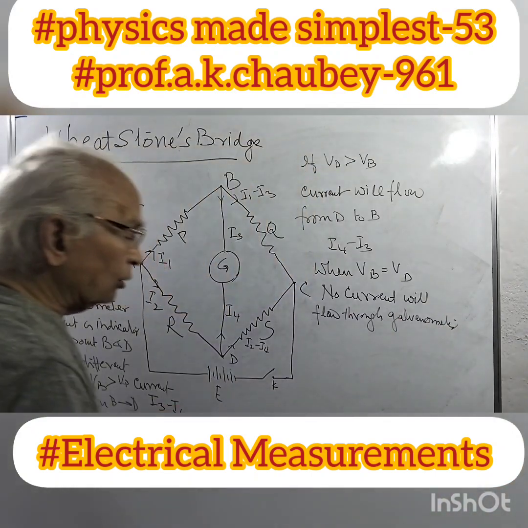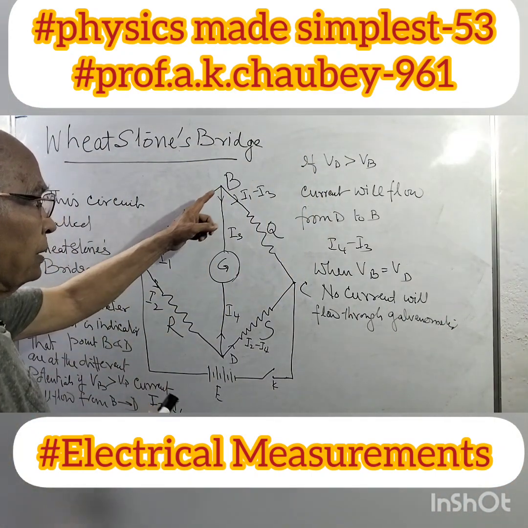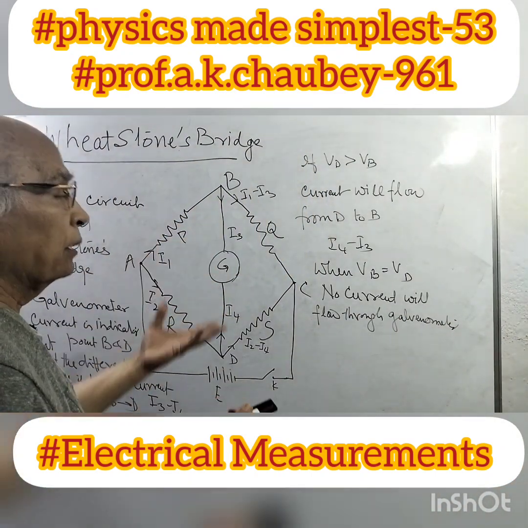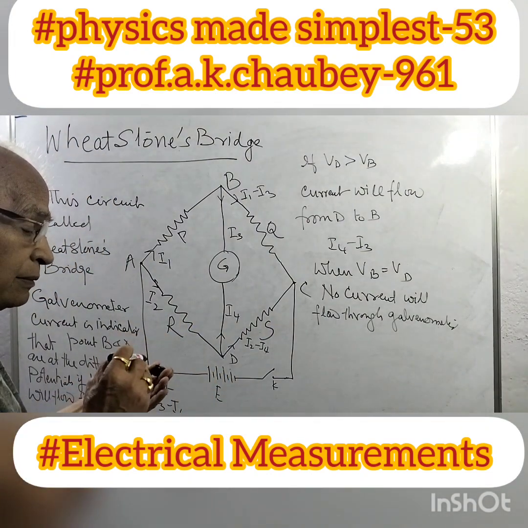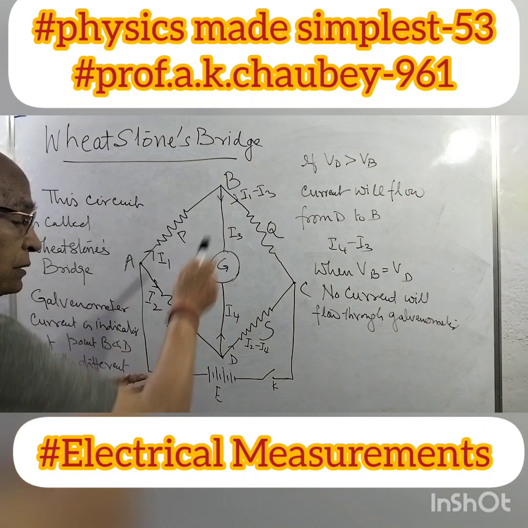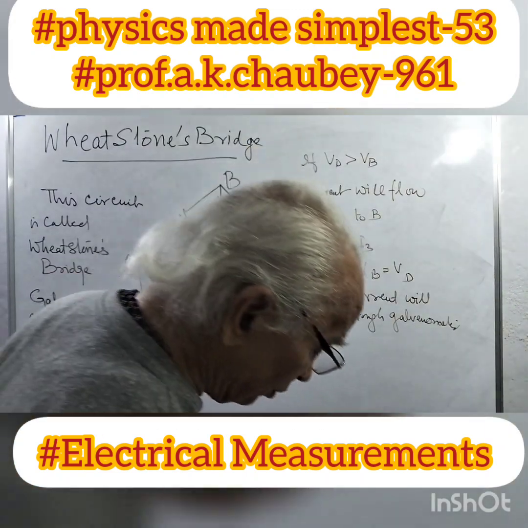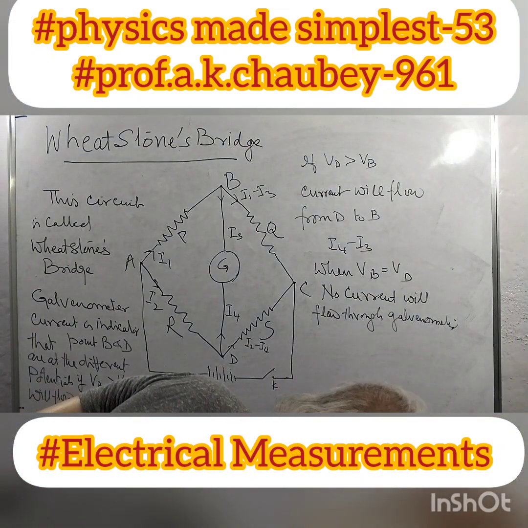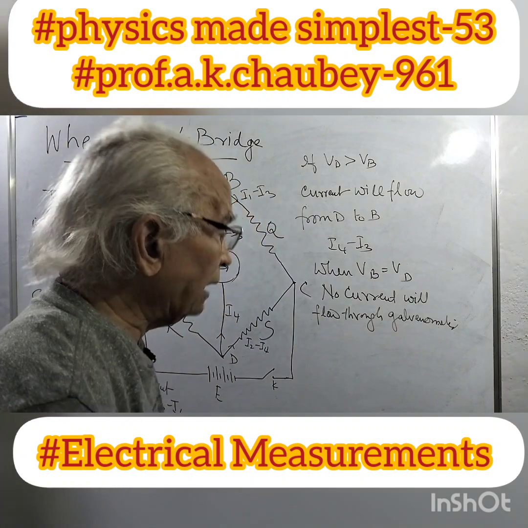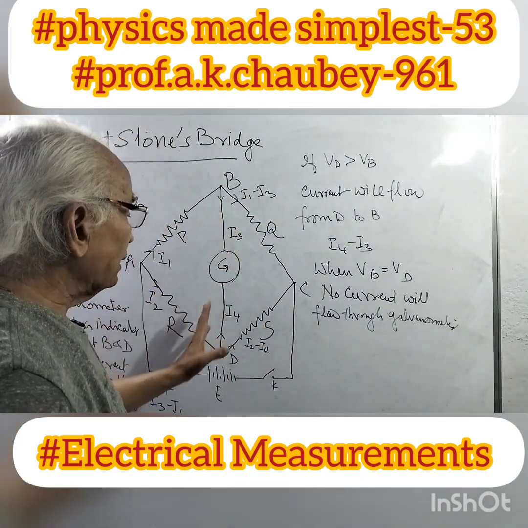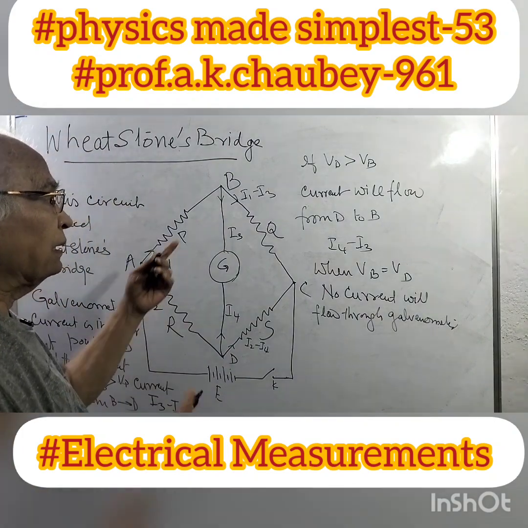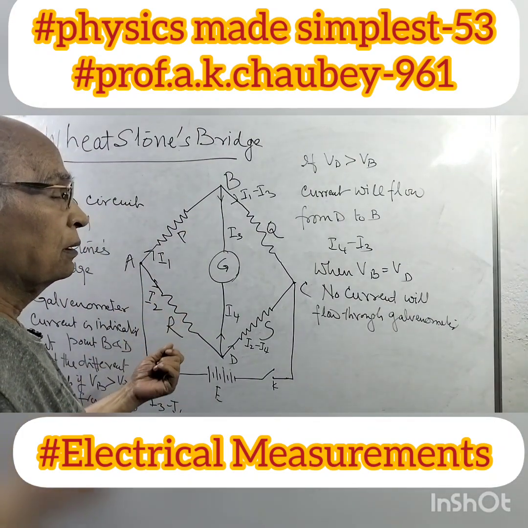So the galvanometer will not have any current if the potentials of these two are the same, because current flows only when there is a potential difference. Potential difference means force. If force is there, charge will flow. If the force is not there, charge will not flow. Charge will not flow means current will not flow. So if no current here, it means I3 and I4 are equal.